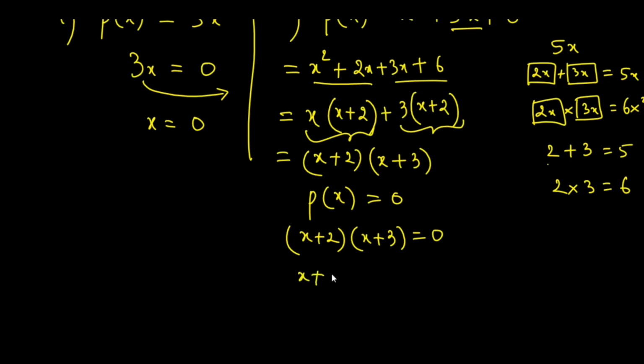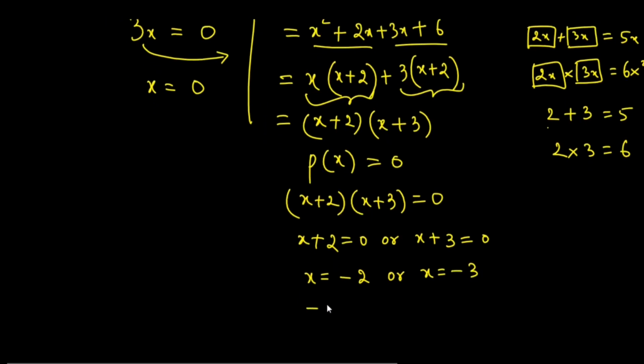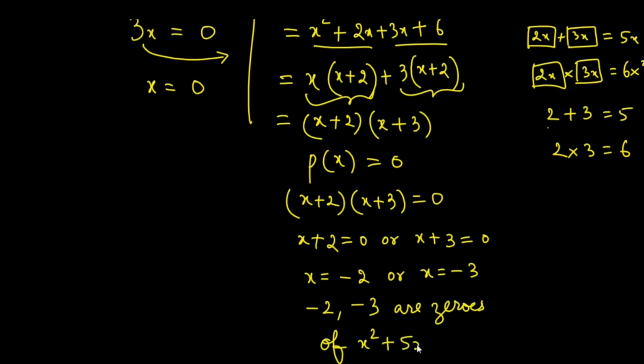So x plus 2 is equal to 0 or x plus 3 is equal to 0. Here we get x is equal to minus 2 or x is equal to minus 3. So minus 2 and minus 3 are zeros of the polynomial x square plus 5x plus 6.